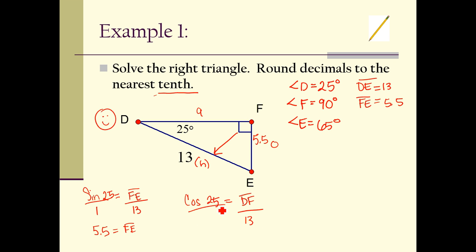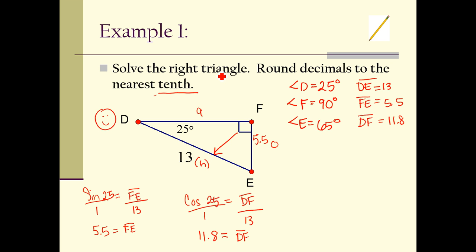Then I'm going to put this over 1, cross multiply, and DF would be equal to the cosine of 25 times 13, which would be 11.8 rounded to the nearest tenth. And so DF is 11.8. Now I have found all the angles and all the sides, so I have solved the right triangle.